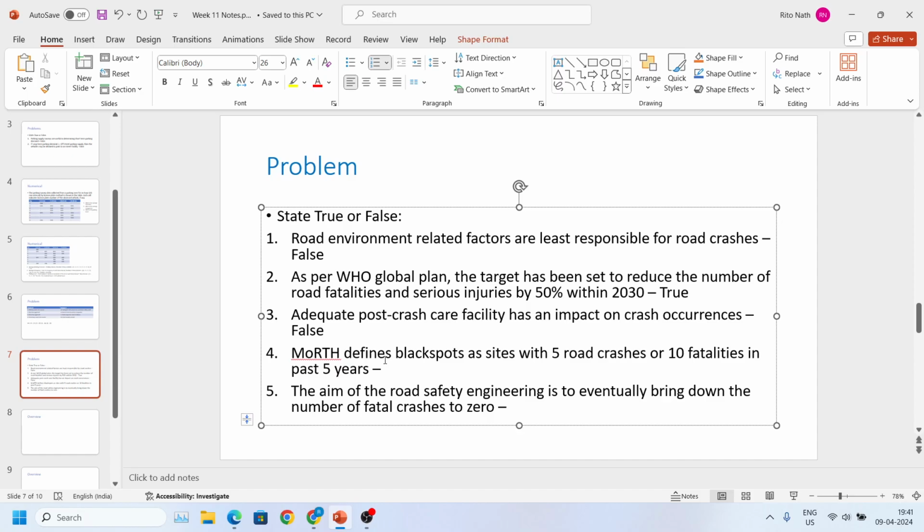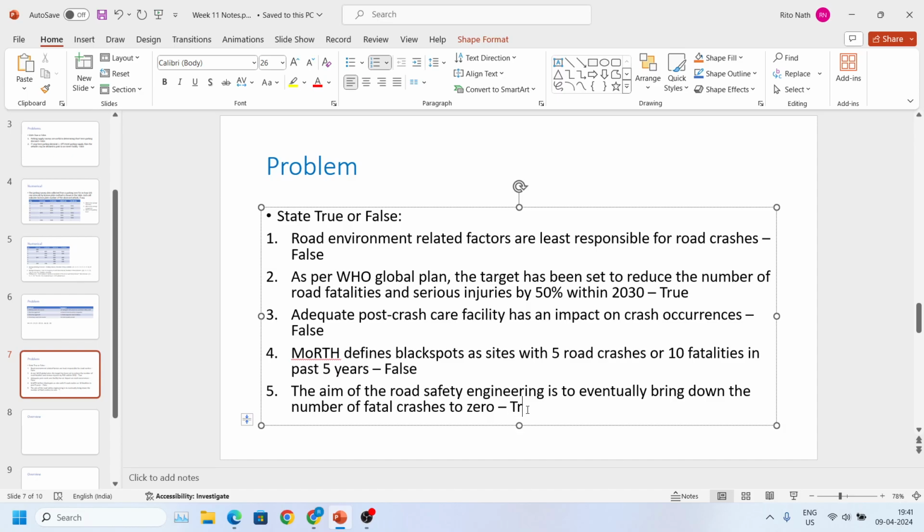Fourth one defines black spots as sites with 5 road crashes or 10 fatalities in the past 5 years. Actually, if you go back to the slides, it's not in past 5 years. This is in past 3 years. So this is false. And the last one, the aim of road safety engineering is to eventually bring down the number of fatal crashes to zero.